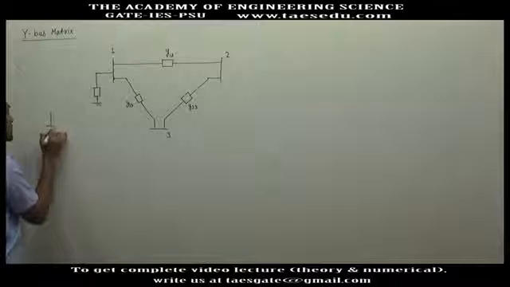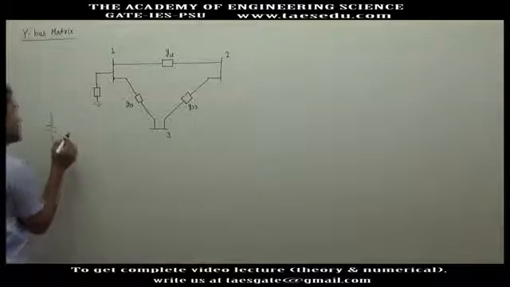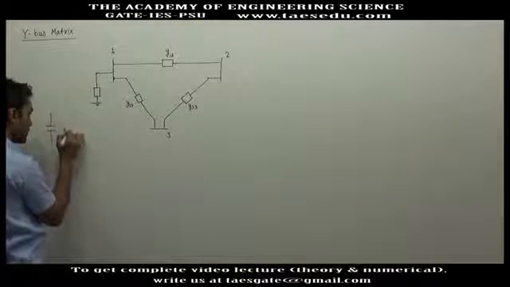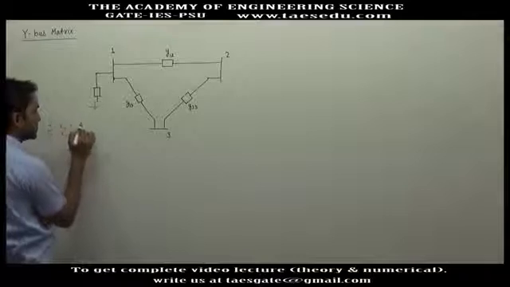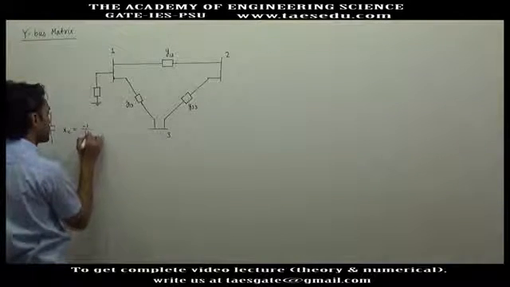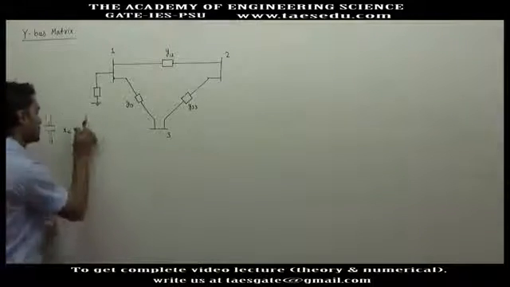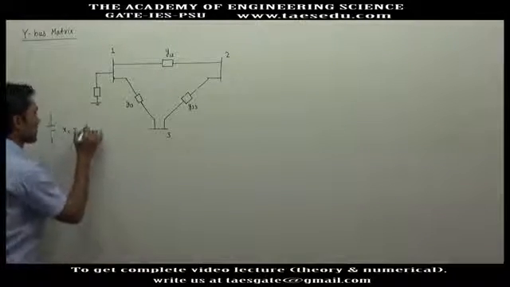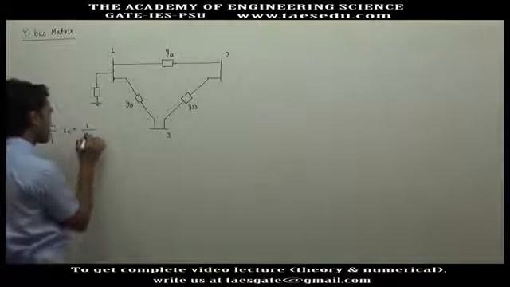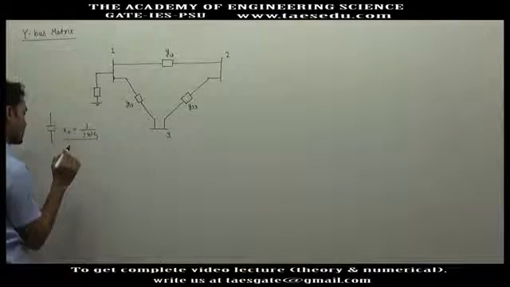Suppose it is a capacitor, obviously its impedance XC is 1 upon j omega C. This is the impedance of a capacitor.